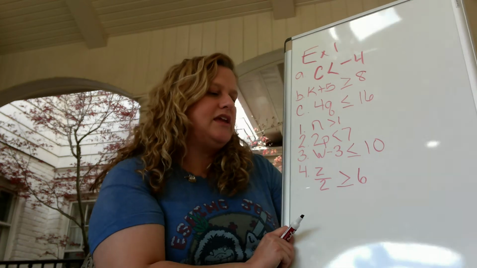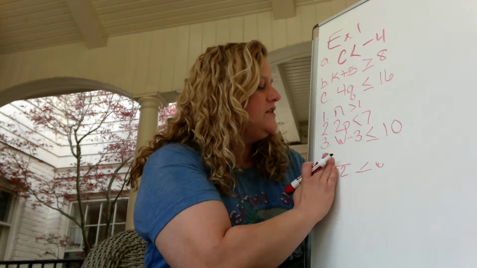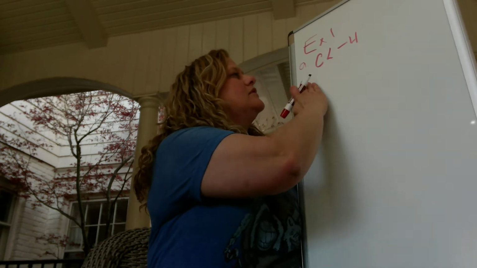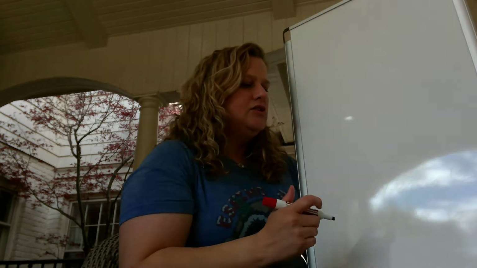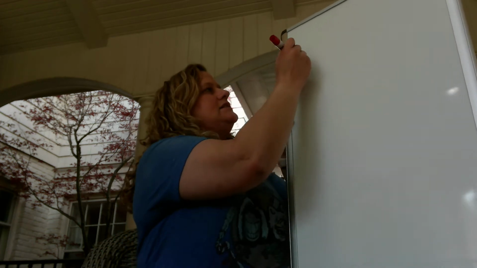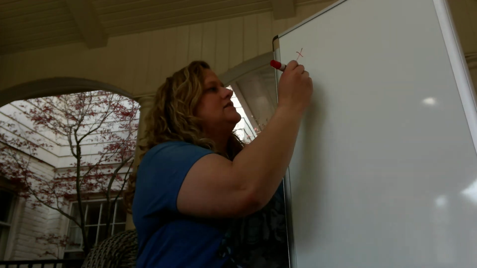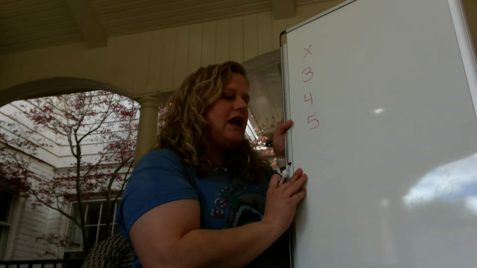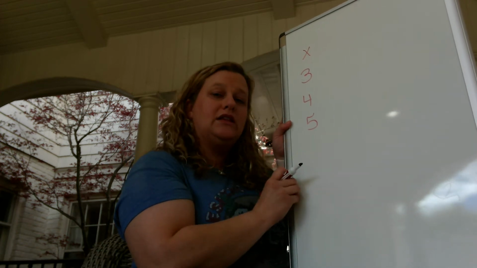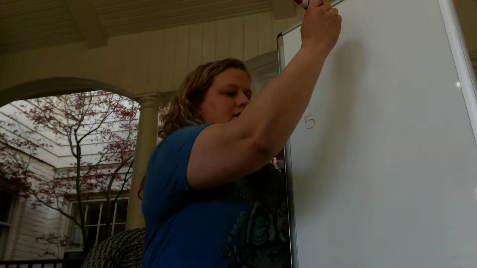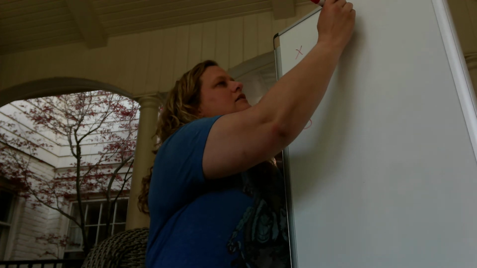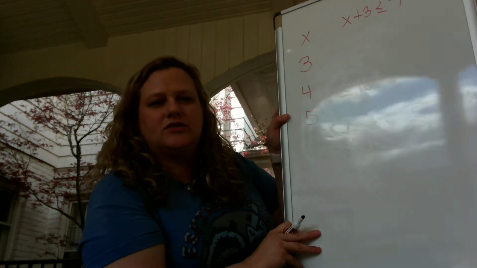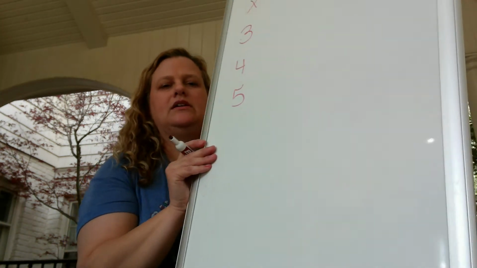So the example that they give us in the box is they give us some possible values for x. They give us a table and it says here are some possible values for x: 3, 4, and 5. And then it says the inequality is x plus 3 is less than or equal to 7.